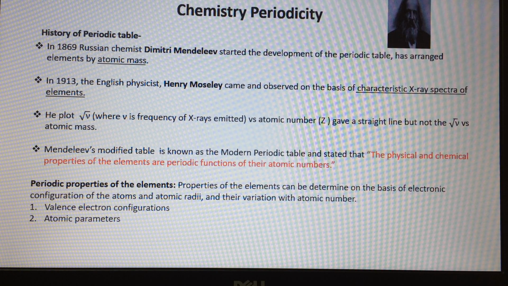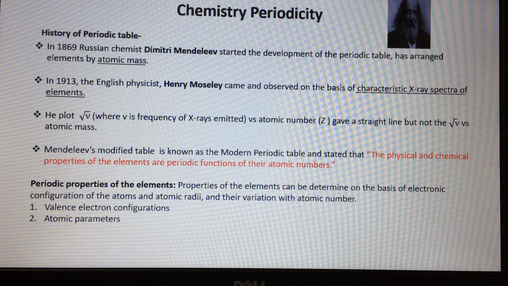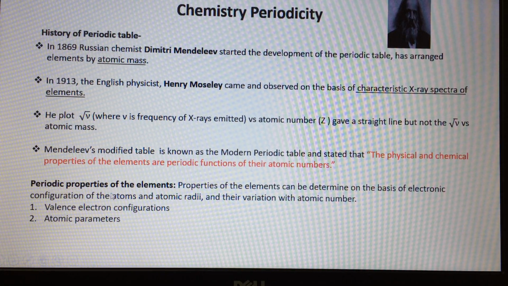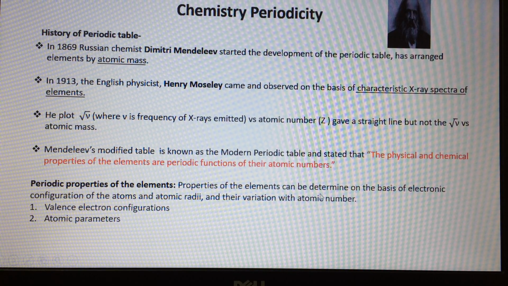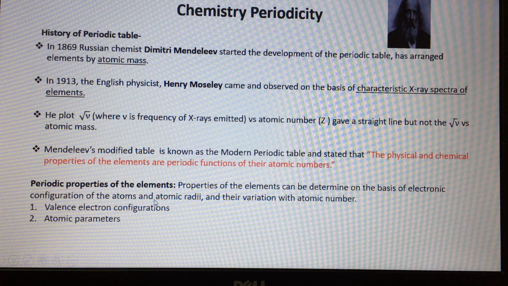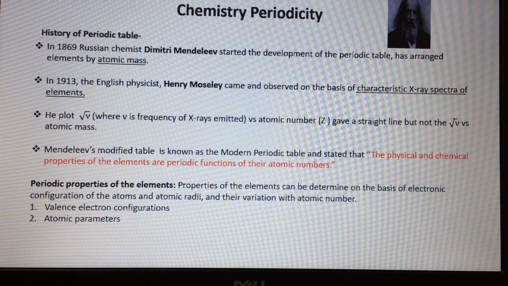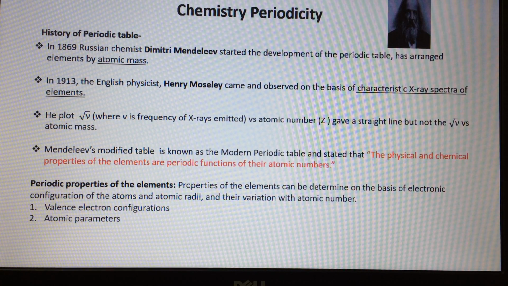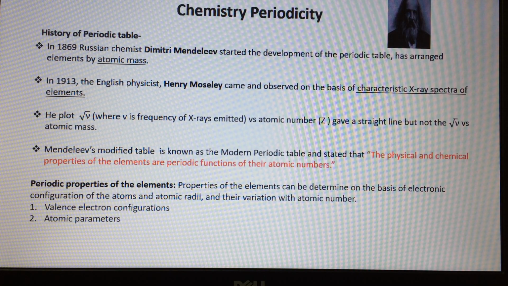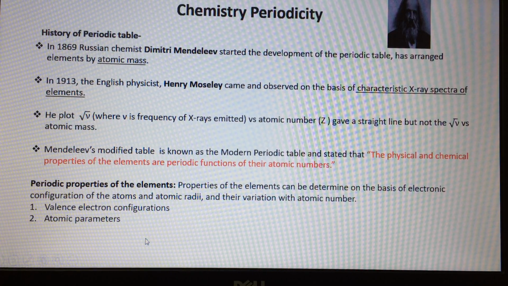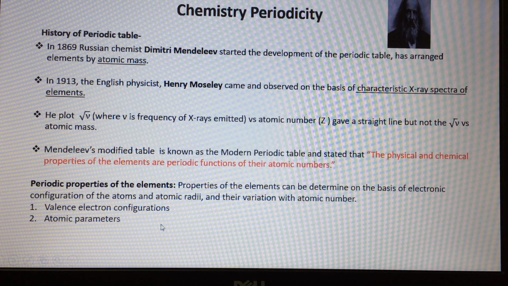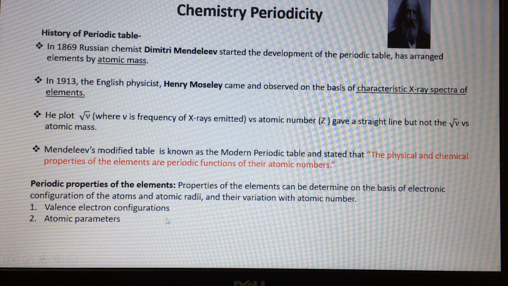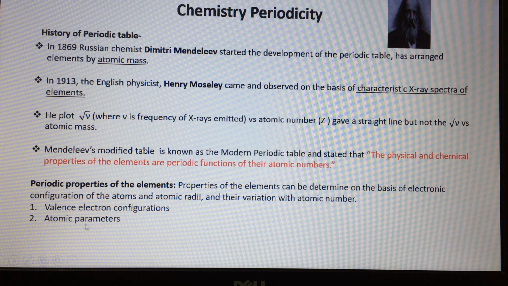To determine the atomic properties of the elements, we need the electronic configuration of the atom and the atomic radii variation with their atomic numbers. They first determine the properties on the basis of valence electron configuration, and second, atomic parameters.